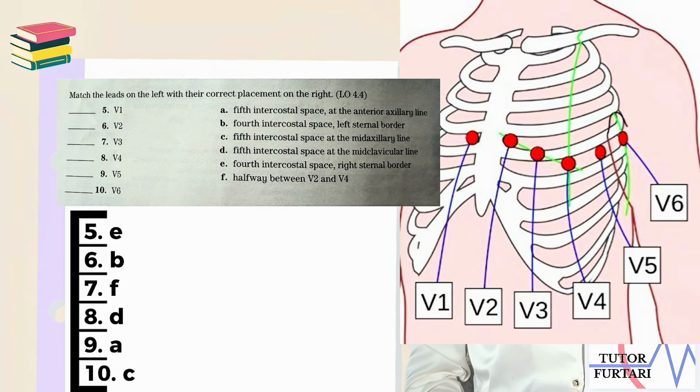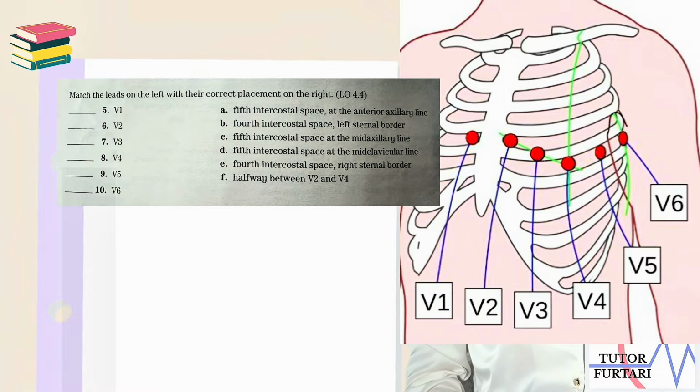Number 7, V3, is F, halfway between V2 and V4. Number 8 is D, V4, fifth intercostal space at the mid-clavicular line. Number 9 is V5, A, fifth intercostal space, anterior axillary line. And number 10 is V6, which is the fifth intercostal space, mid-axillary line.